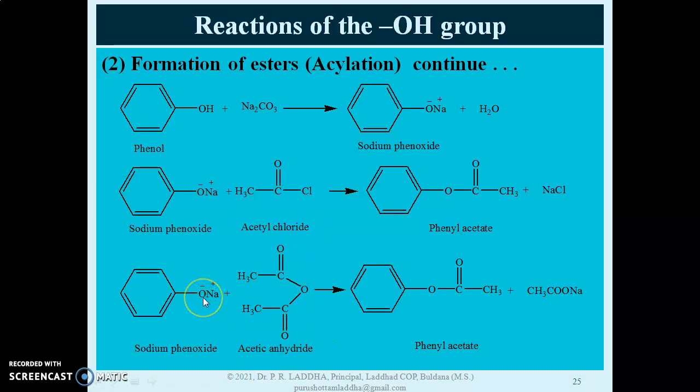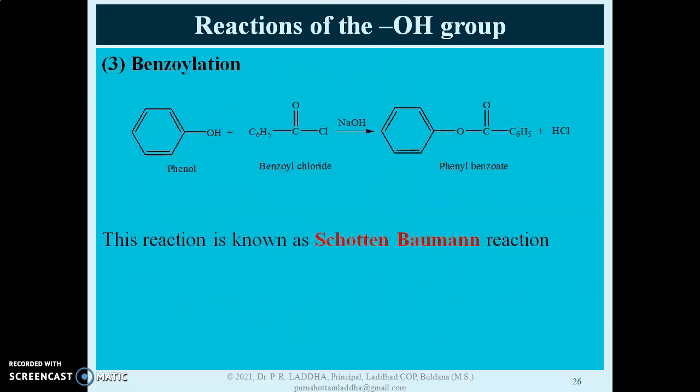Here also the negatively charged oxygen will attack any one of these positively charged carbons and will give the benzene ring OCOCH3, that is the same product, phenyl acetate, only the byproduct will be different. In that case we get CH3COO minus as the byproduct. In this way phenyl acetate can be obtained by acylation reaction of phenol.